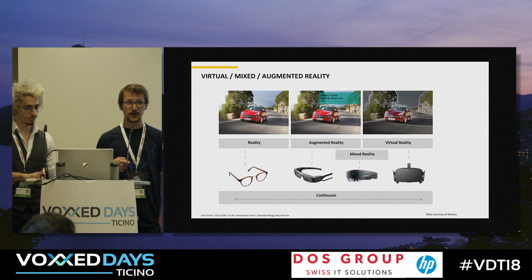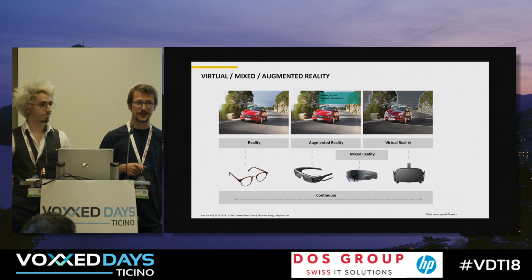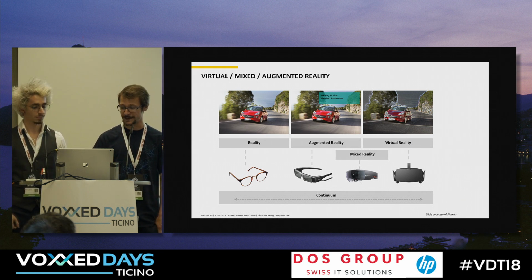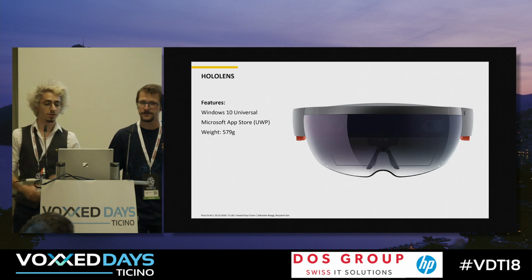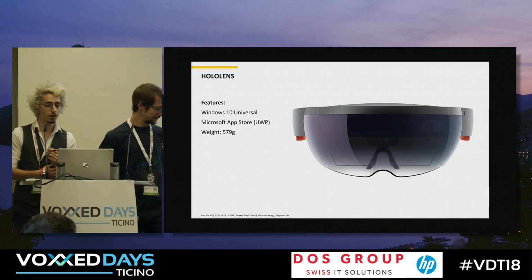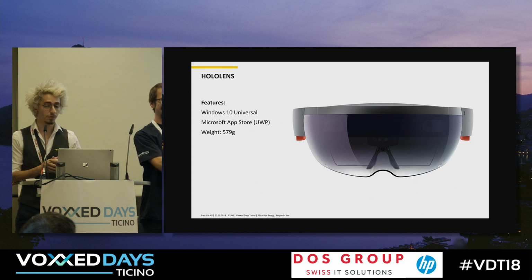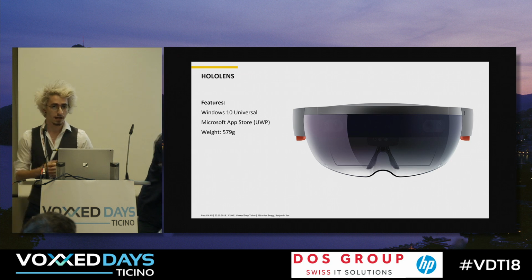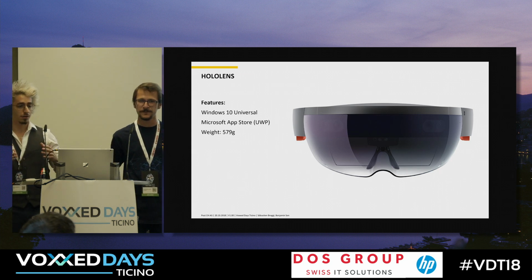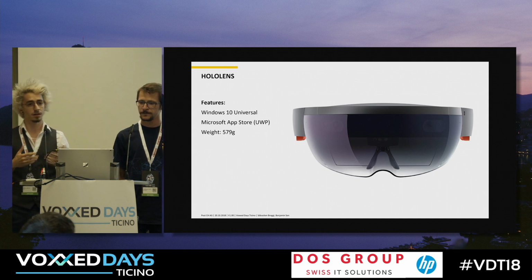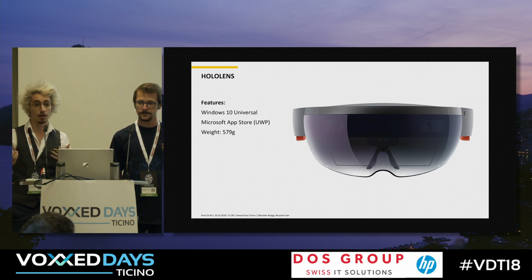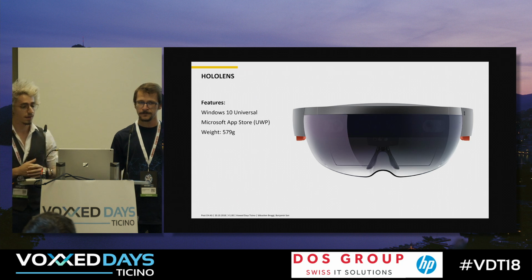In this talk, we will mainly focus on mixed reality with the Microsoft HoloLens. The Microsoft HoloLens is a fully functional computer with Windows 10 Universal. That means you can't just install conventional applications on this device.